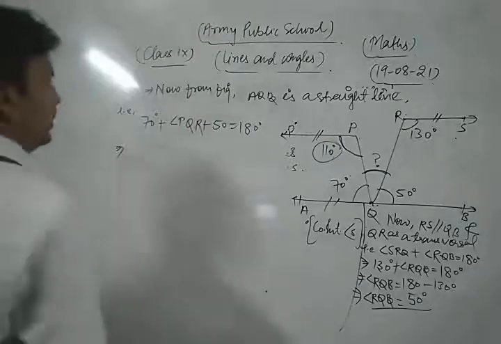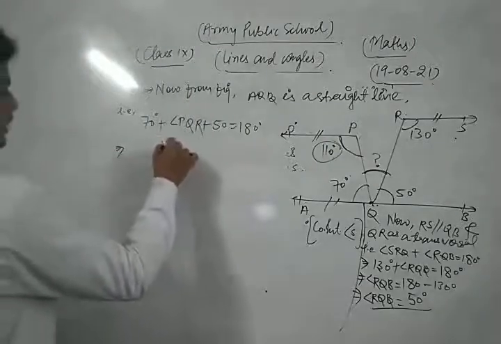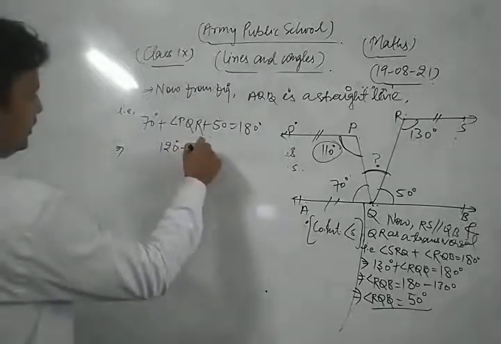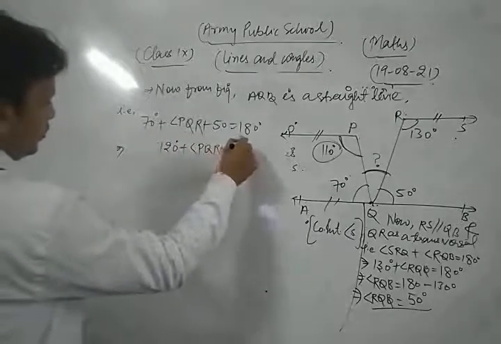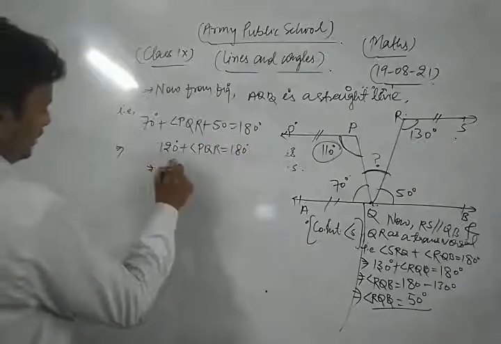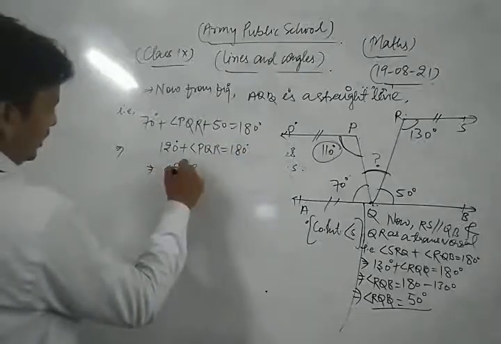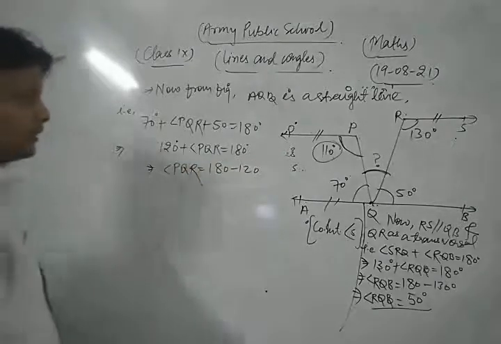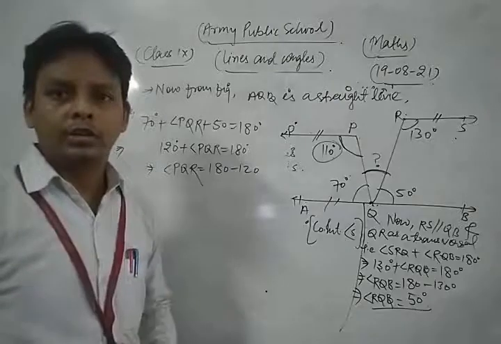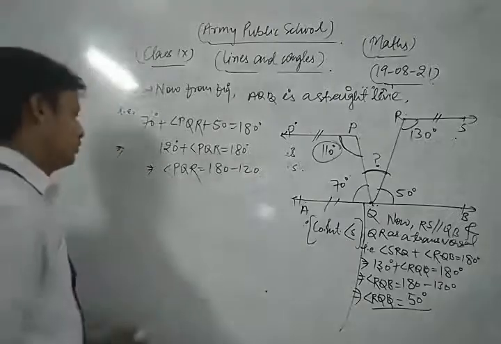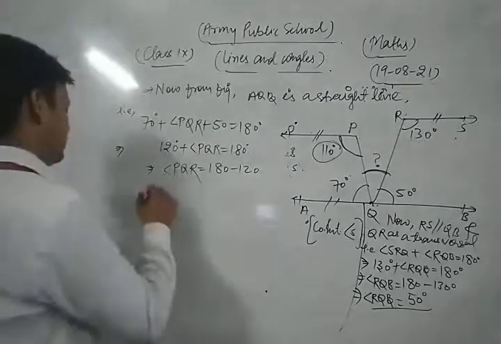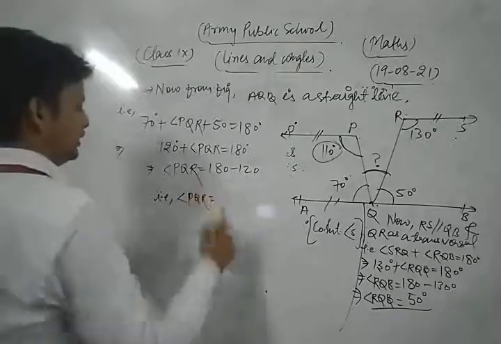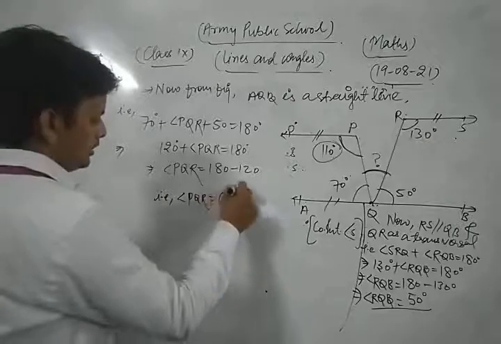Now this is 120 plus angle PQR equals 180 degrees. So angle PQR is equal to 180 minus 120, that is 60 degrees.